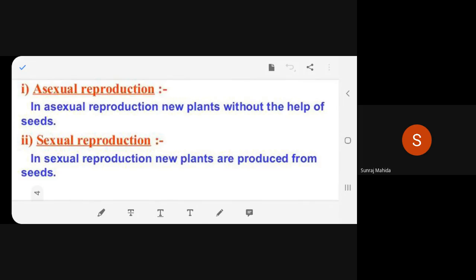Asexual reproduction. In asexual reproduction, new plants are produced without the help of seeds. Sexual reproduction. In sexual reproduction, new plants are produced from seeds. So, what is the difference between asexual and sexual? Seeds.